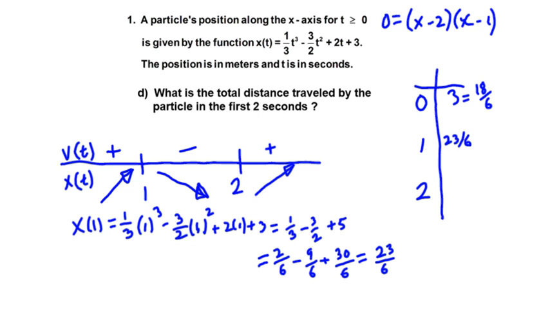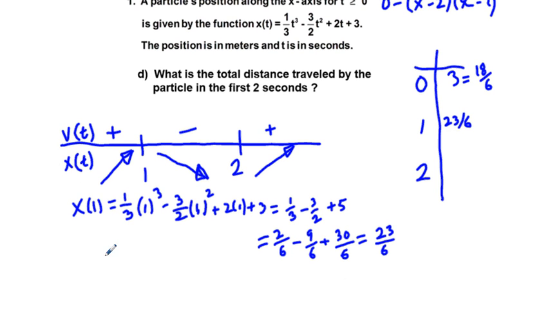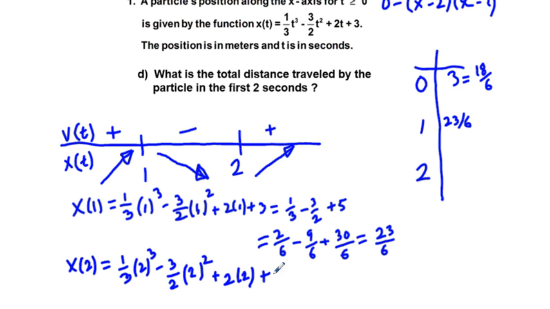Okay, next we're going to go to 2 seconds. X of 2 is equal to 1/3 times 2 cubed minus 3 halves times 2 squared plus 2 times 2 plus 3.